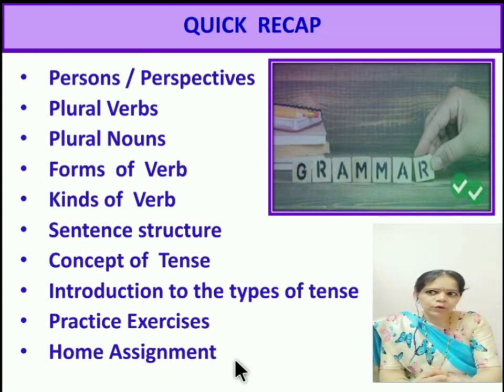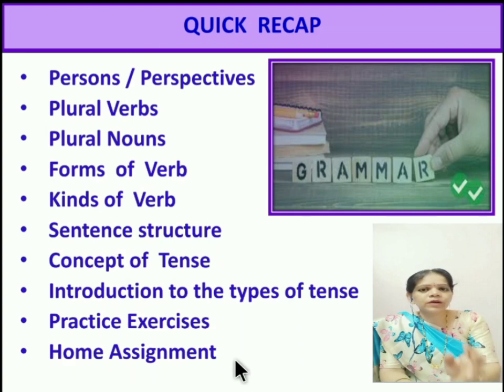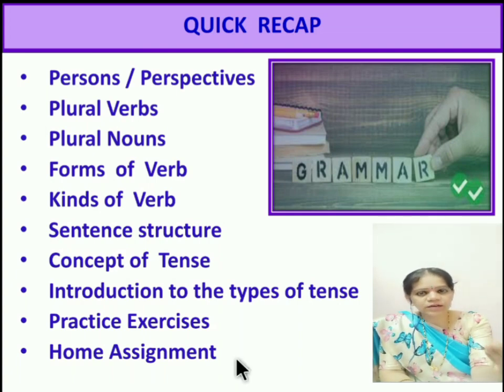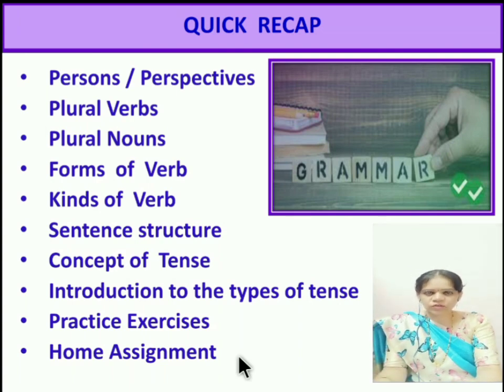I hope you all must have understood the basic concepts or the fundamentals that are required to understand the gap filling and the editing questions which you are going to face in the board exams, and which we are going to deal with gradually in the part 2, part 3 and part 4 of tenses sessions.